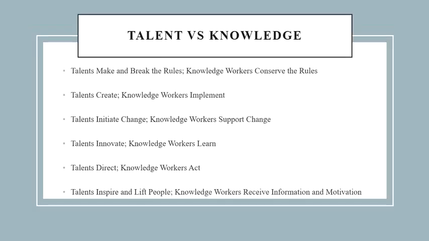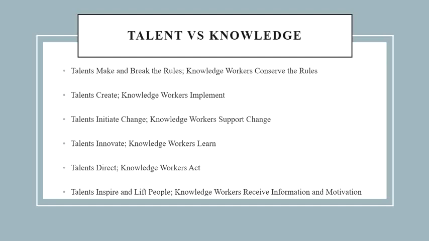Now, we've talked about two very important words. Talent, as discussed before, you all know what it is. Knowledge. Now, we need to compare these two terms. Talents make and break the rules, whereas knowledge workers conserve the rules.